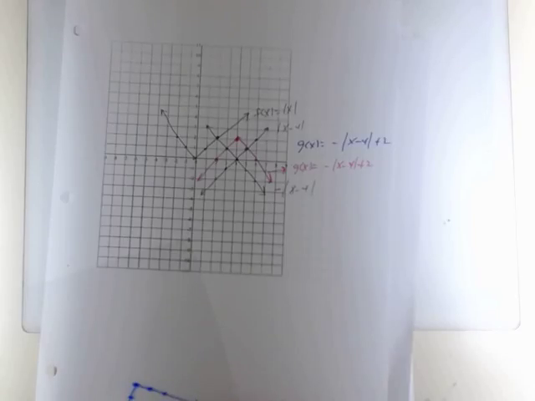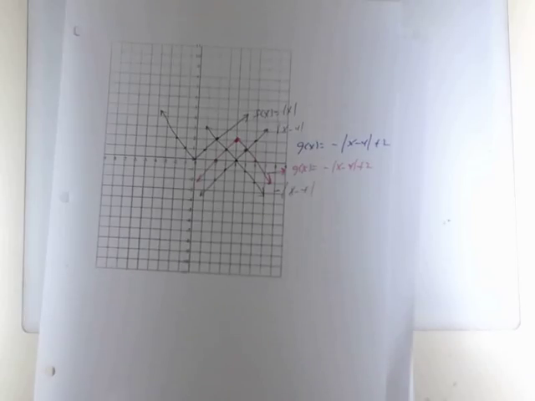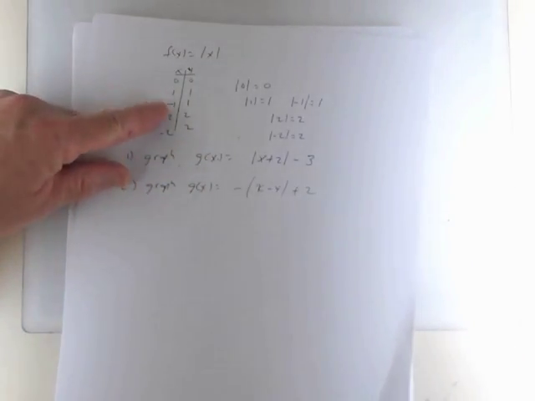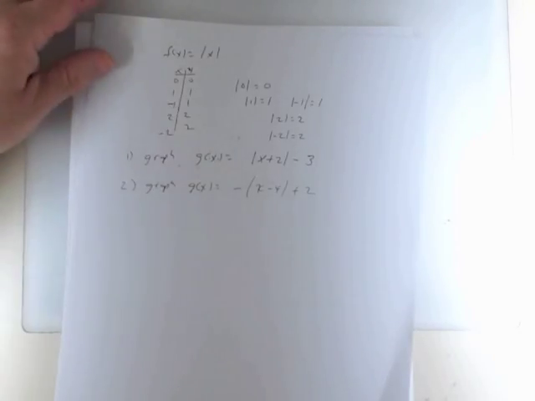Okay, let's look at the square root. All right, square root function. So remember, for each parent function, we listed some points you have to use each time. So let's do the same thing for square root.